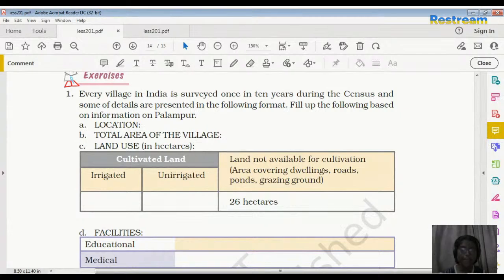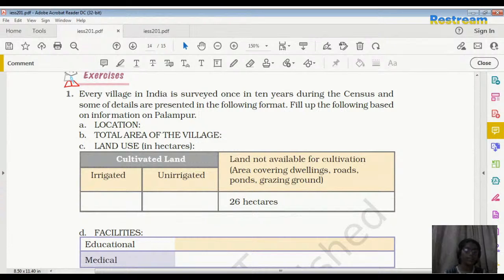So now what is it written? What do we need to find? Every village in India is surveyed once in 10 years during the census, and some details are presented in the following format. Fill in the following based on information on Palampur.